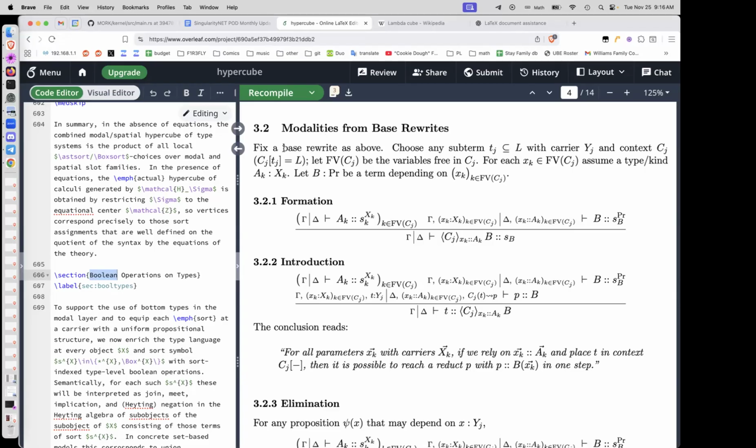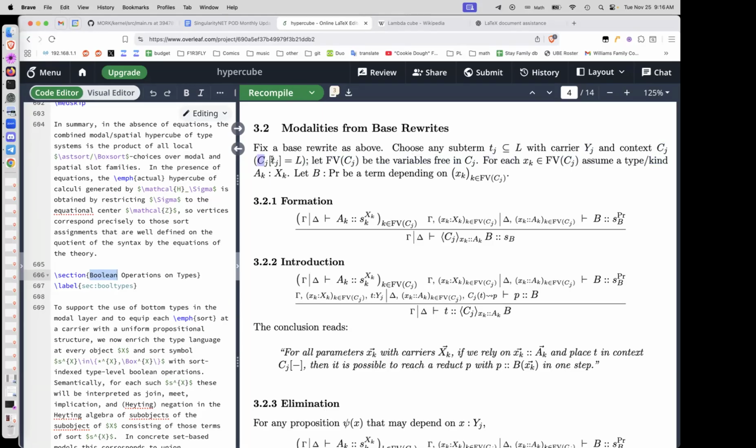So we're going to fix a base rewrite, for example beta or the COMM rule, that doesn't depend on some other rewrite as an input. Then we choose a subterm of the left-hand side, L, and we say that it has shape Y. And then the context is whatever is left over to surround it, so that we split the left-hand side into two parts.